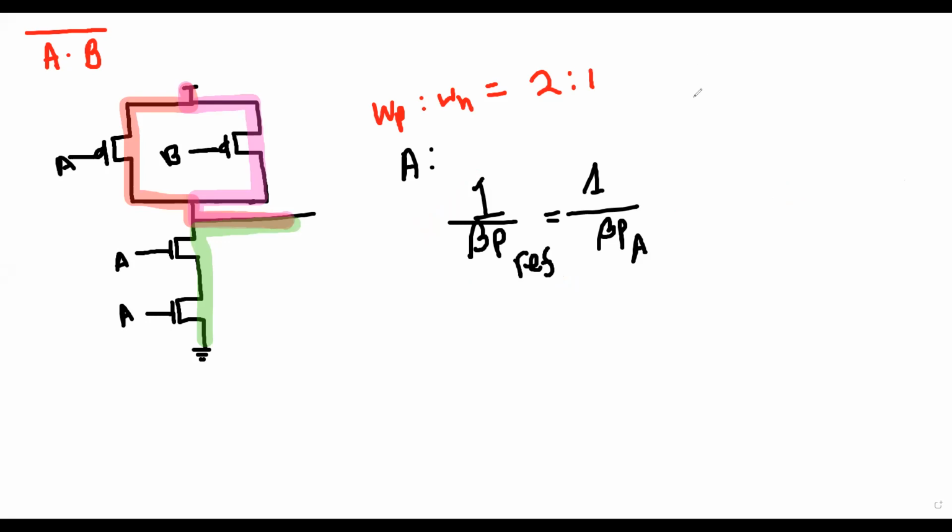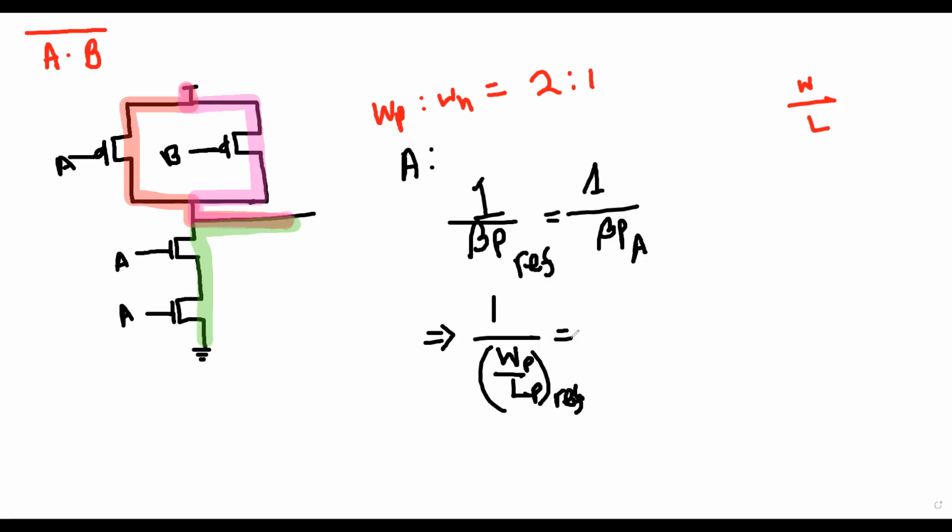Now, what is the value of beta? Remember, the value of beta was mu COX W by L. Now mu is constant, COX is constant, so these are not considered. So only W by L. So we write WP and LP, and it is for the reference circuit.